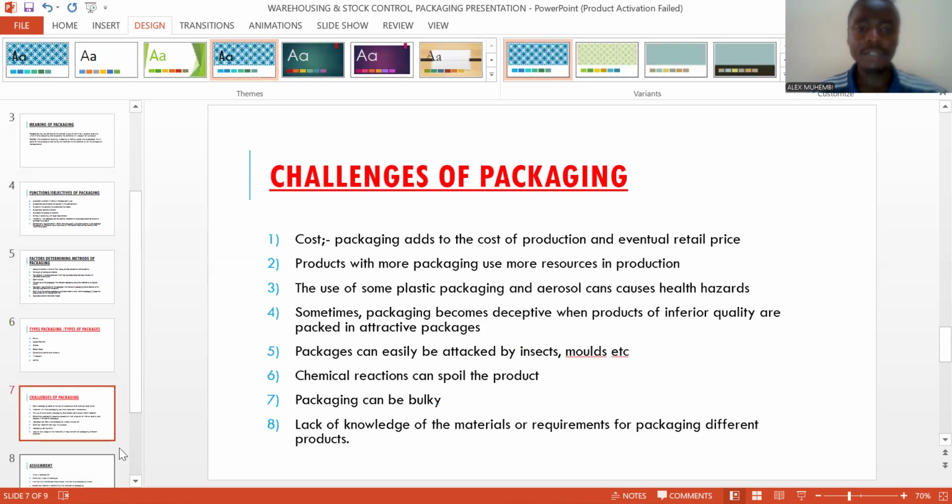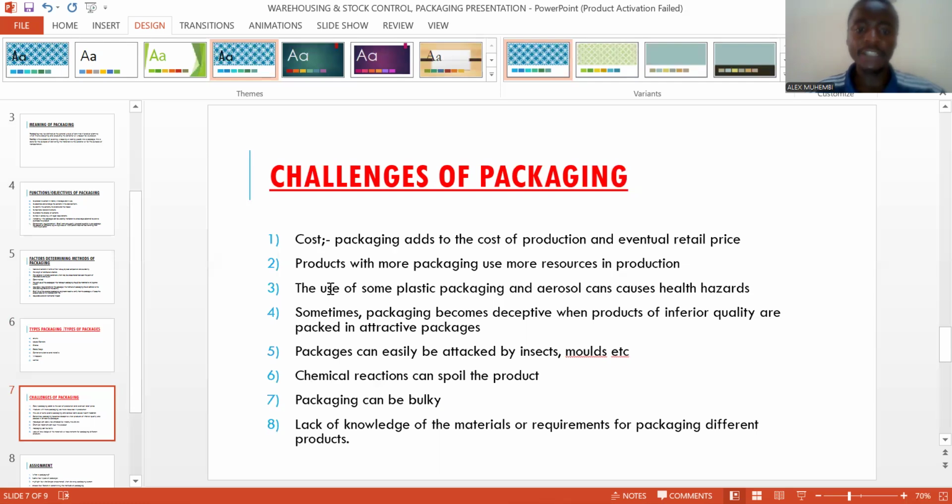Now, the last part we are going to handle is challenges of packaging. So we can simply go through them. One of the challenges of packaging is cost. It's a factor and it's a challenge.